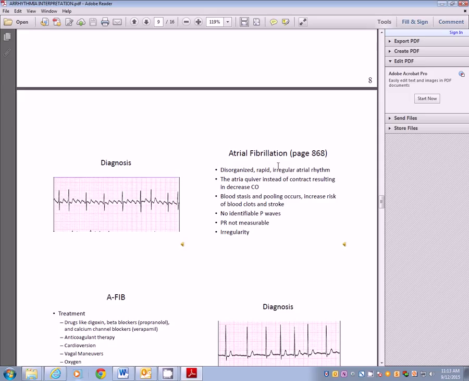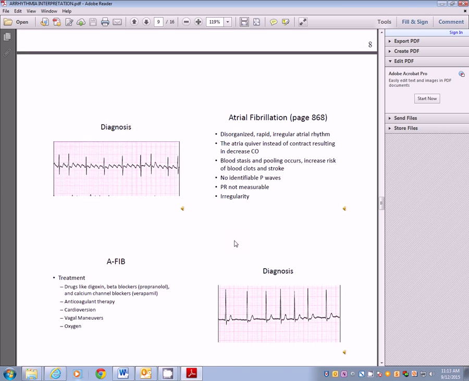Blood is going to become stagnant, pooling is going to occur, and they're at risk for clots and stroke. So whether it's atrial fib or atrial flutter, they both have the same outcomes: decreased cardiac output and blood stasis and pooling. There are no identifiable P waves. The PR interval cannot be measured and is very irregular.